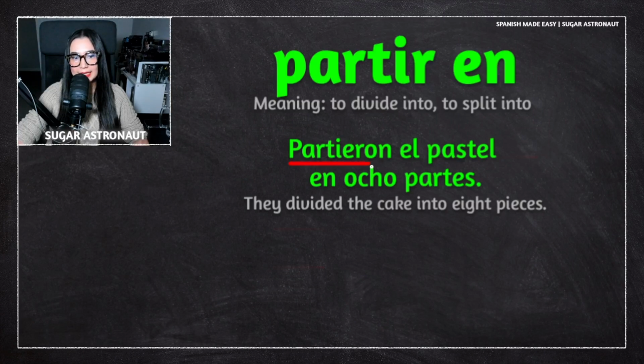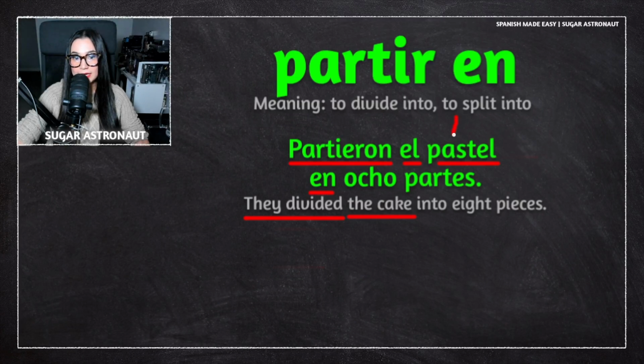Okay, partieron means ellos partieron. We don't need ellos, which means they in Spanish. We need partieron, okay, which is the verb. Partieron means they divided, okay? And then we have the noun, el pastel, the cake. Now we have en.